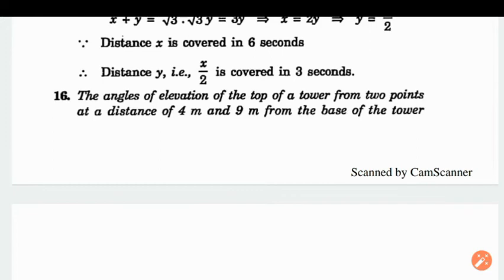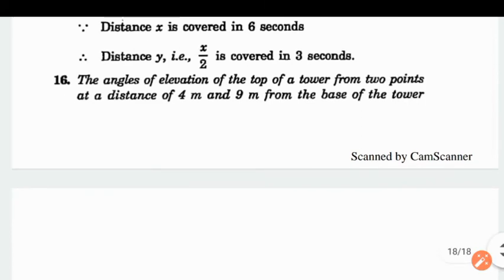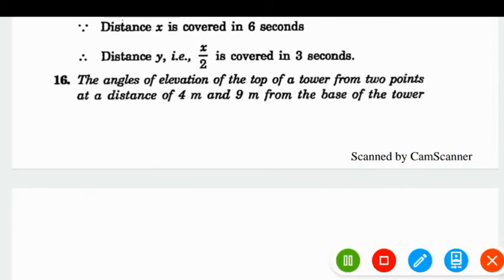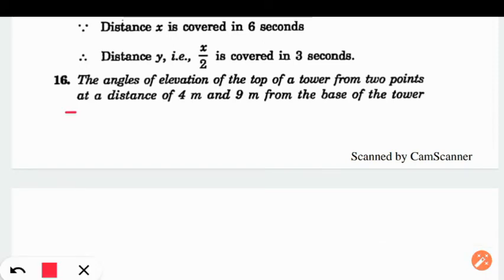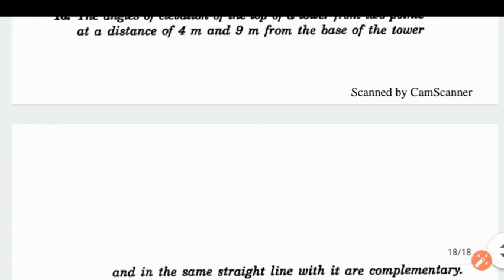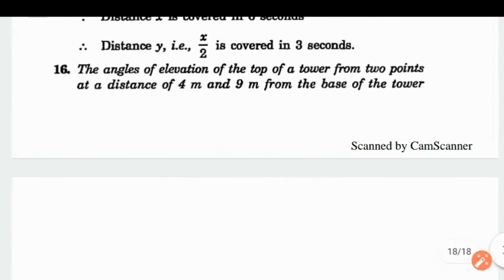The last one, question number 16. So, in question number 16 what we have? The angle of elevation of the top of a tower from 2 points, and those 2 points are at a distance of 4 meter and 9 meter from the base of the tower.